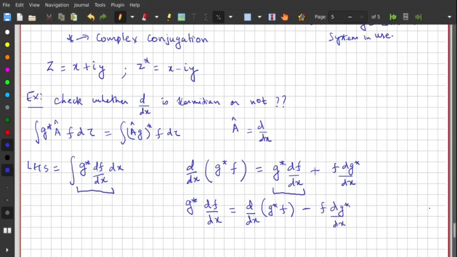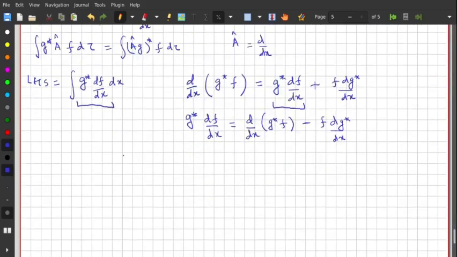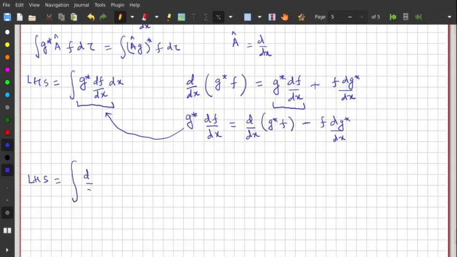Then using this, the left hand side becomes the integral of d/dx of g star f minus f dg star/dx, all multiplied by dx.